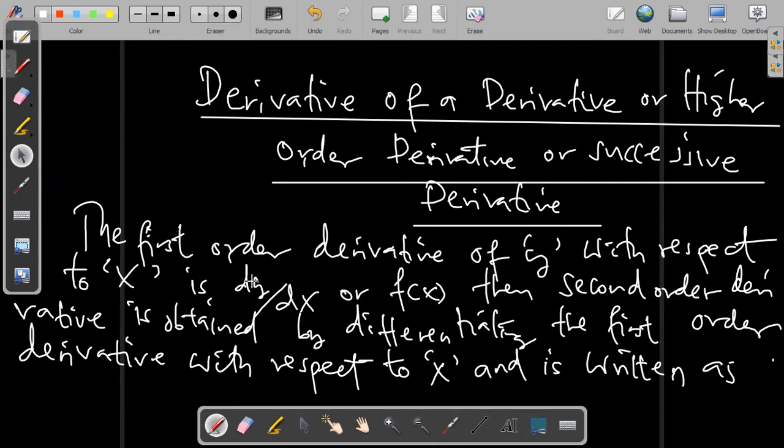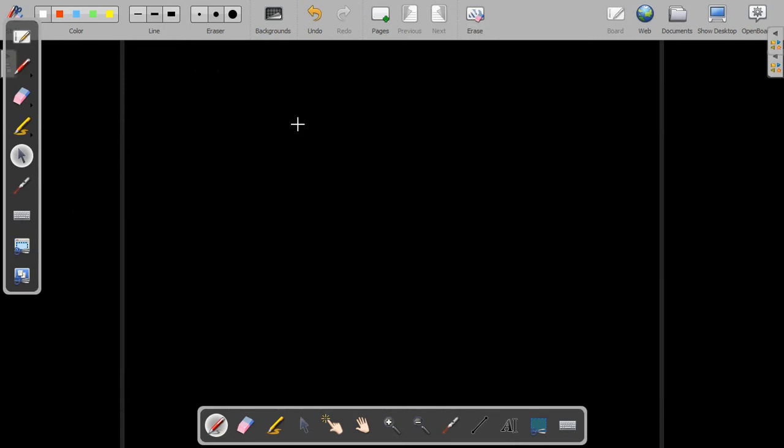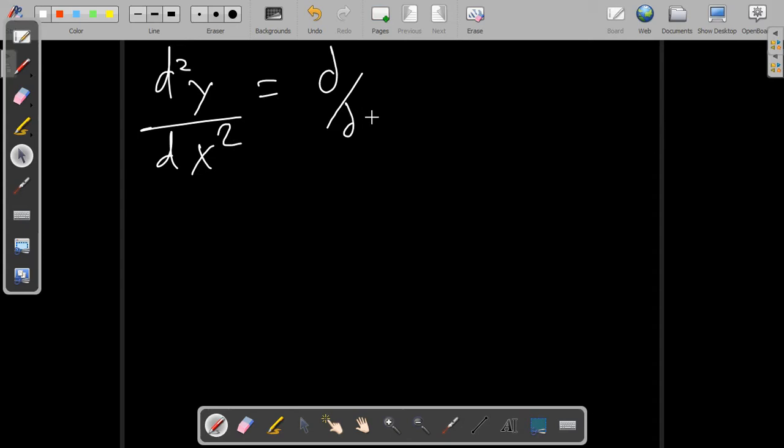From the first order derivative, the second order derivative is obtained by differentiating the first order derivative with respect to x. This is written as the second order derivative of y, d squared y over dx squared, equal to the derivative of the first order derivative dy over dx.